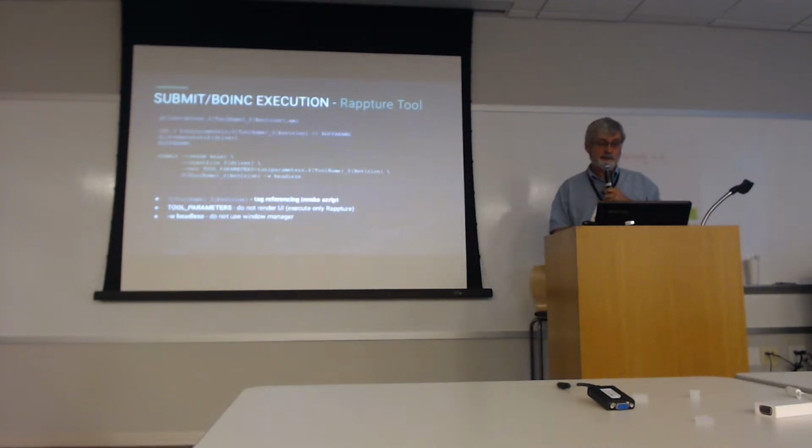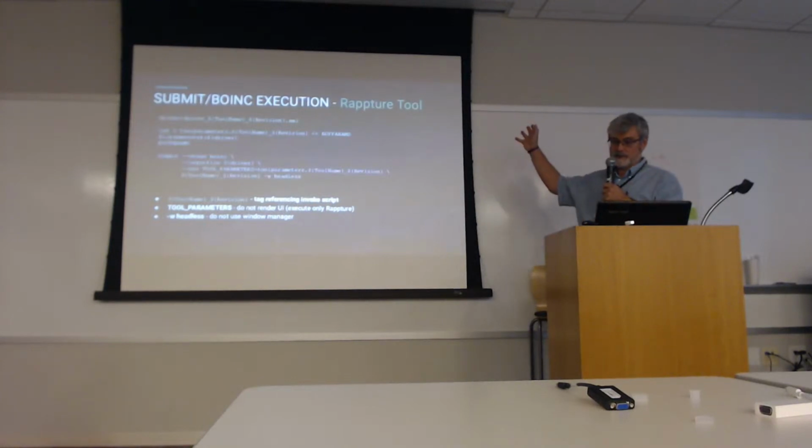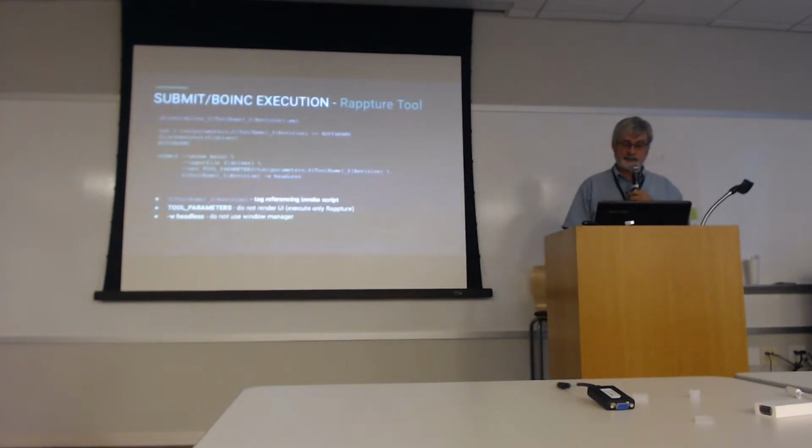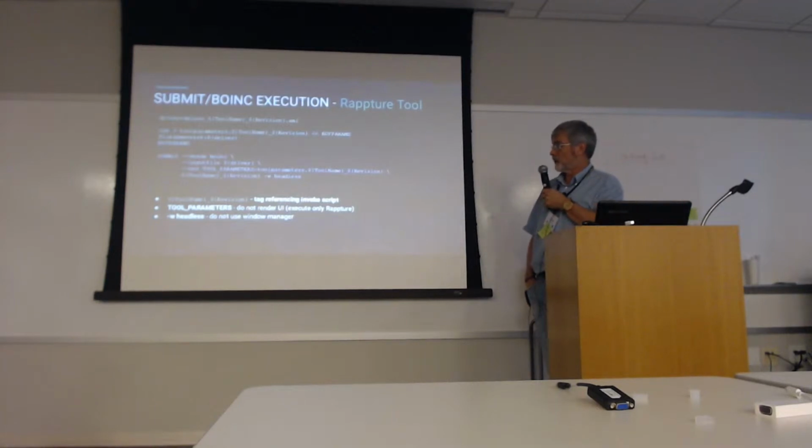Okay, so after all the configuration is done, how do you get from the command line where you may have your input file to BOINC, which is out there on some volunteer's computer? How do we make that connection? And that is done through the submit command, which is listed here in the middle of the screen. So it's really pretty simple. You say submit, and you tell it you want it to run on BOINC.